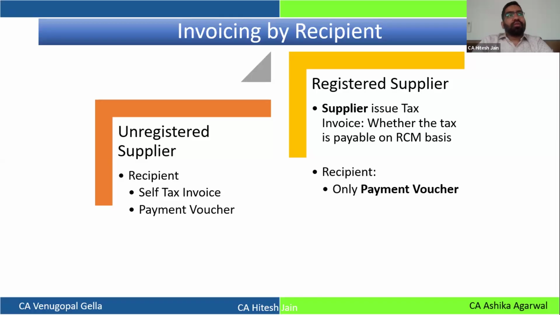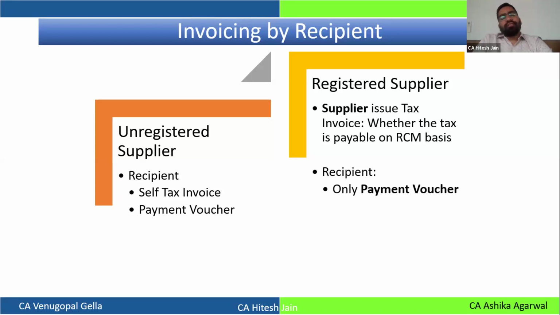So in case of receipt of goods or services from an unregistered supplier, the concept of self-tax invoice arises in GST. If we are to claim the credit of reverse charge taxes, we need to have a self invoice generated in respect of each such supply. Secondly, payment voucher. When we make the payment to the unregistered supplier, we need to issue a payment voucher. That document is also required for claiming ITC.